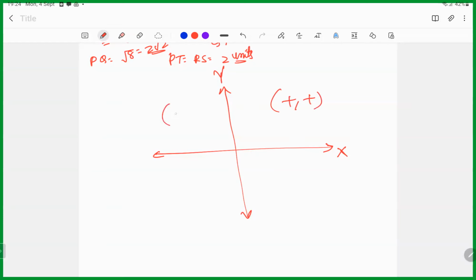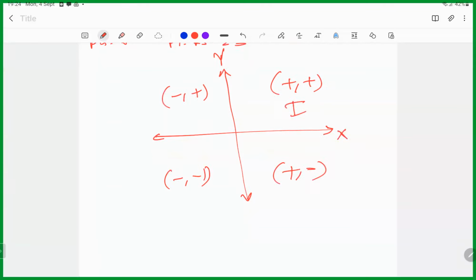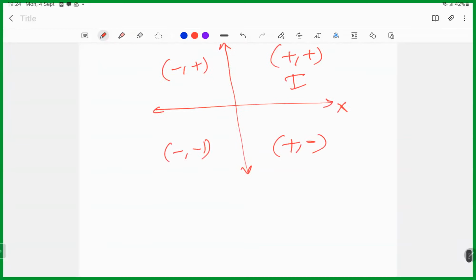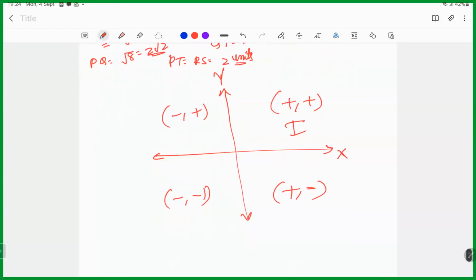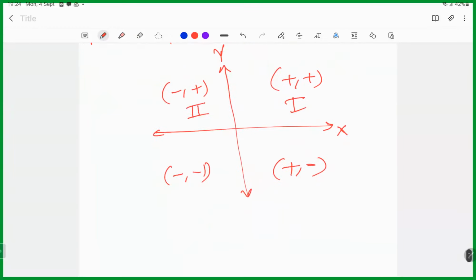This is minus plus. This is minus minus. This is the first quadrant. Which is second? This one is third. So the first example had all points in the first quadrant.